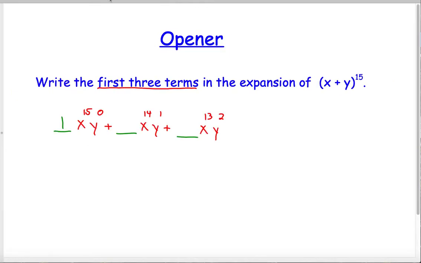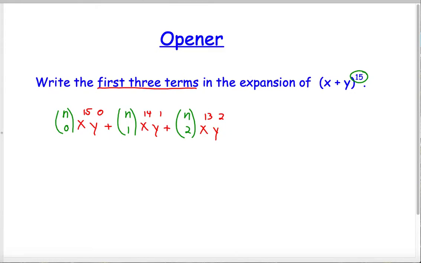So we already know that first term is 1, but we'll come back to that in a minute. Let me erase these. And let's fill in, this is n choose 0, n choose 1, n choose 2. Now, what is n in this case? n is always the power of our binomial that we're raising this to.